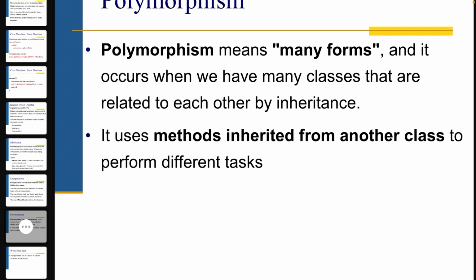Polymorphism means many forms, and it occurs when we have many classes that are related to each other by inheritance, and it uses methods inherited from other classes to perform different tasks.